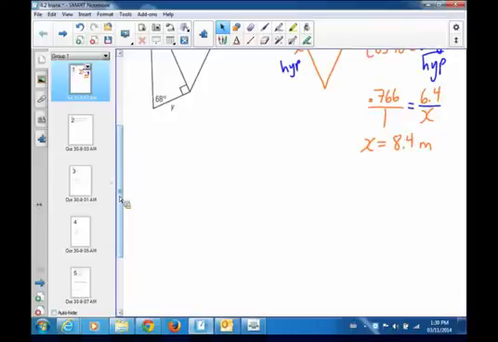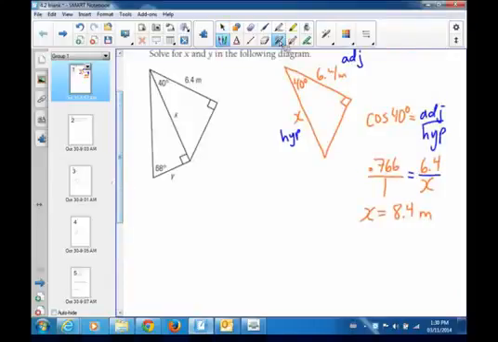So, that's only the first triangle. We've done that. But now we can use that side to help us with the other triangle. I need a different color. Take a look at the long, narrow triangle that's underneath and to the left.